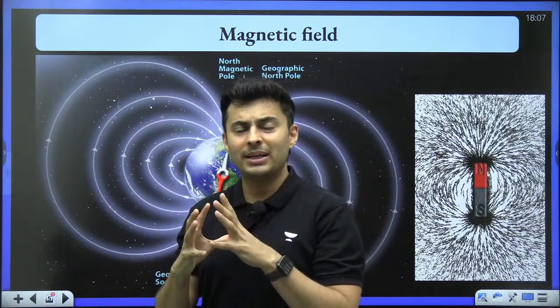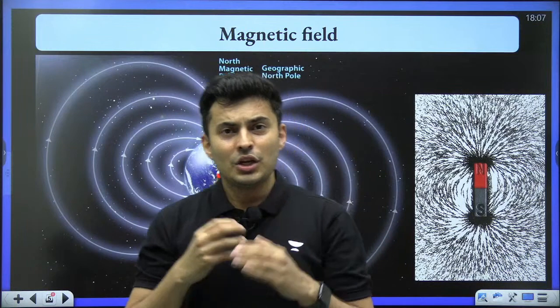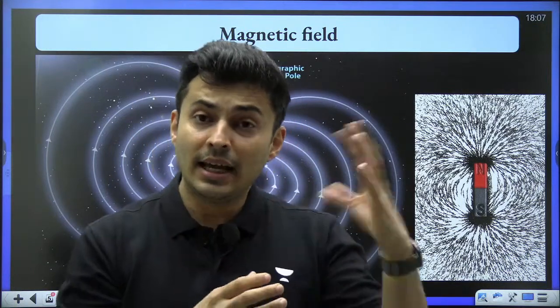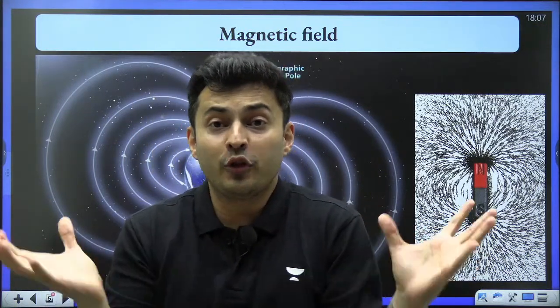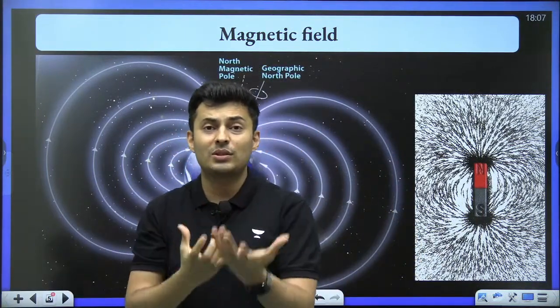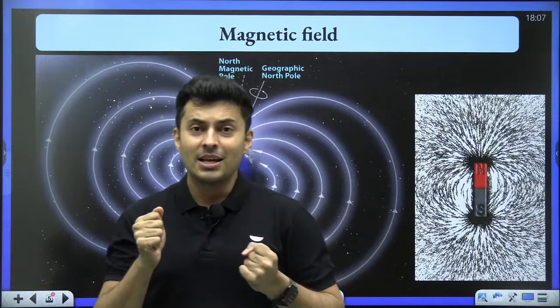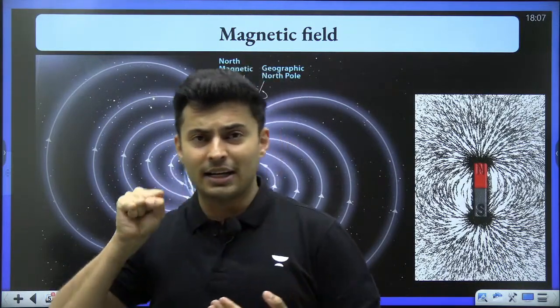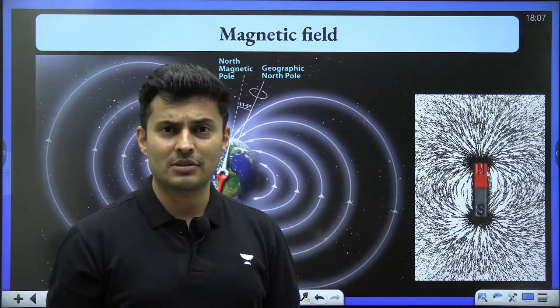So magnetic field is like the electric field, where you feel the presence of a magnet. You feel the presence of the magnetic properties, because of which there can be attractive or even repulsive forces.